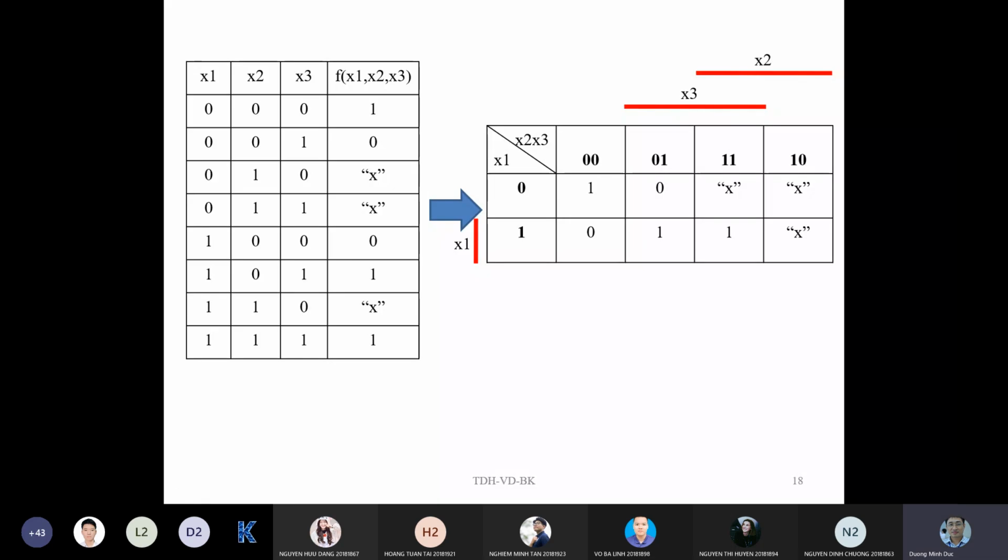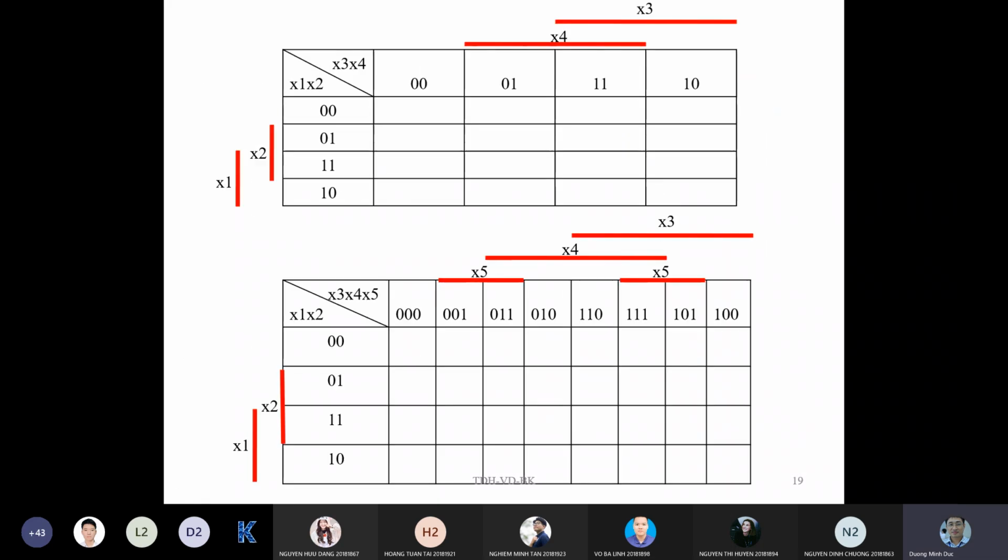Rồi. Next will be the example for the Karnaugh map of four variables. So for four variables, we have 4 columns and 4 rows because we divide the number of input variables into 2 groups, each group including 2 variables. So for 2 variables, we have 4 combinations. And the way of numbering, the rule is the same.